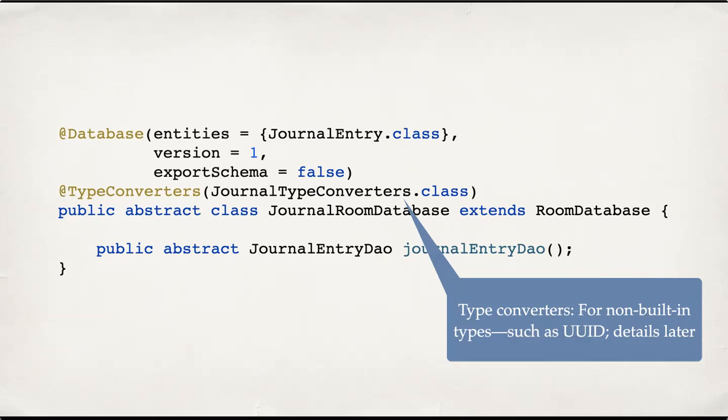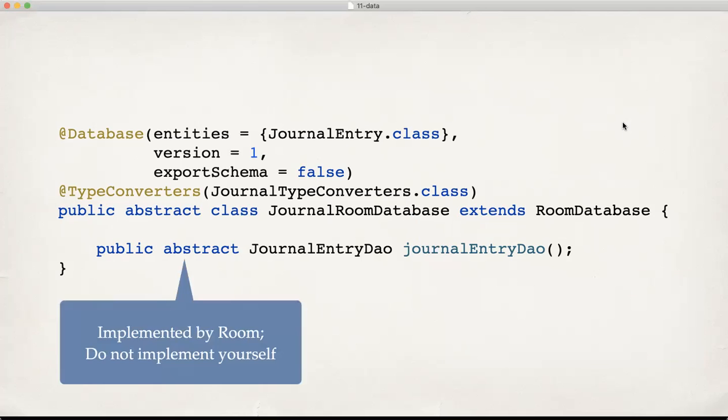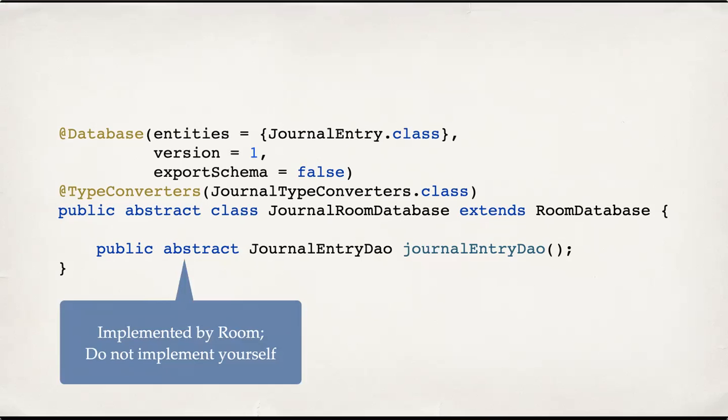So you can provide type converters using another annotated class, which we'll see on the next slide. And there we tell the Room library how to translate, in this case, UUID, for example, to and from a string. Okay. The last thing here is this abstract method. Again, this is something you don't have to implement.